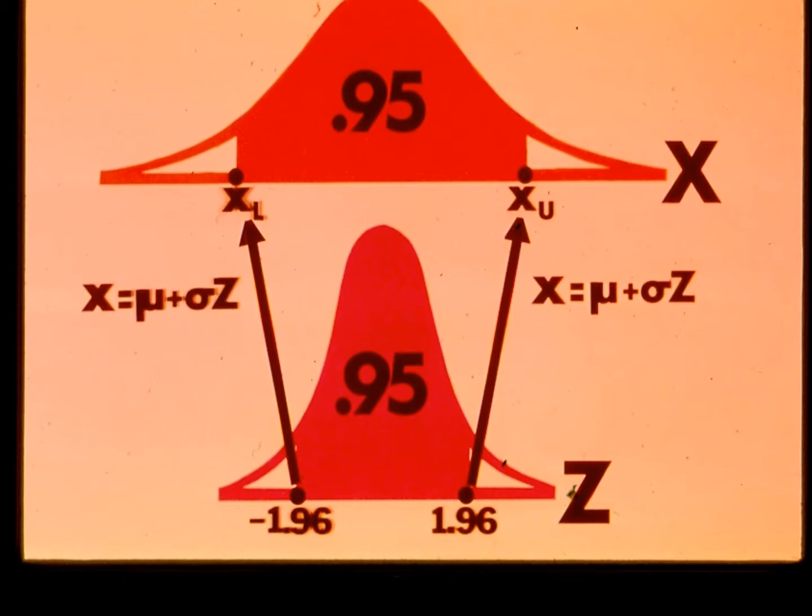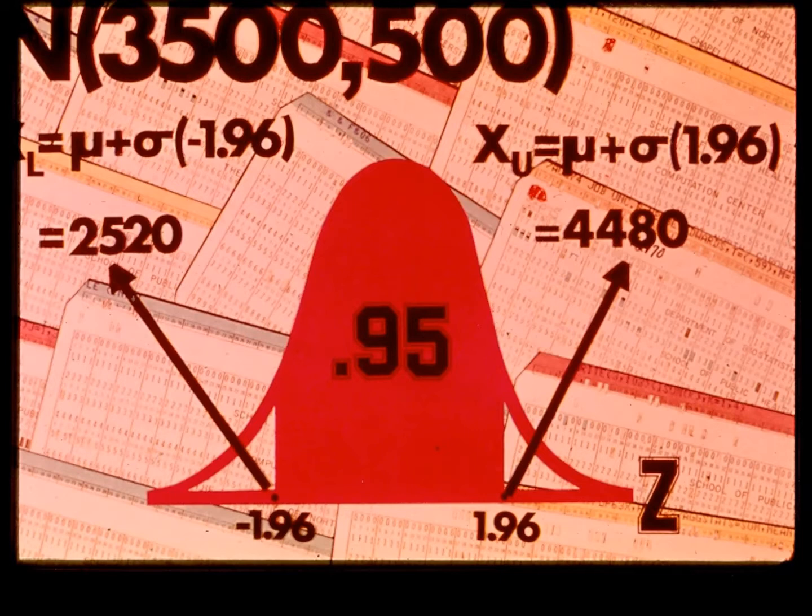Now we must convert, or xify, both the values of z using the conversion formula on each one to give us the middle 95% points of x, which we have called x sub L and x sub U. Plugging in the mean 3500 and standard deviation 500, we come out with a lower percentile of 2520 and an upper percentile of 4480.